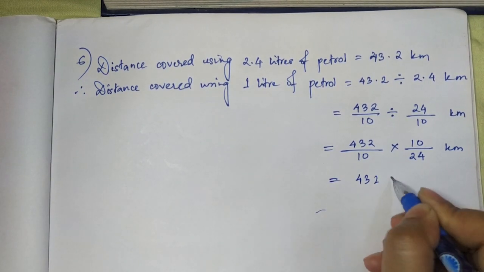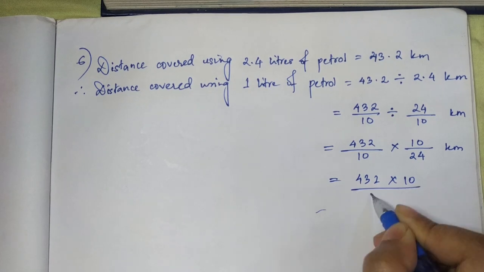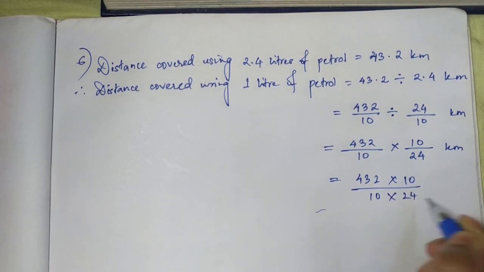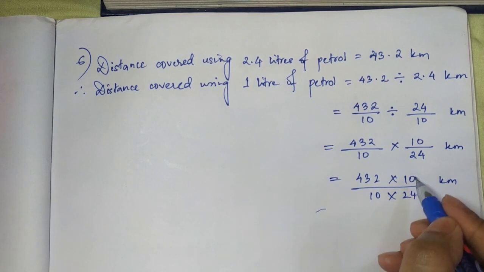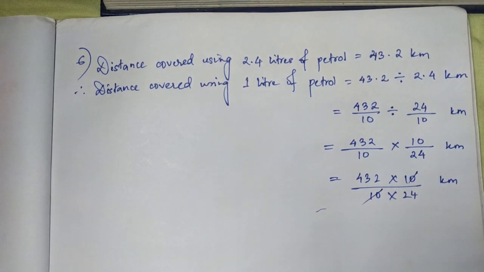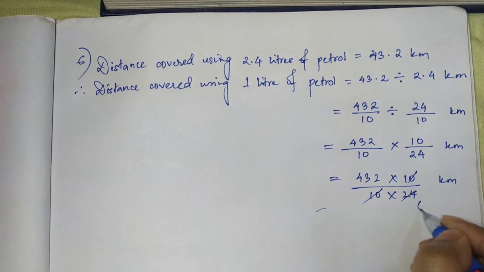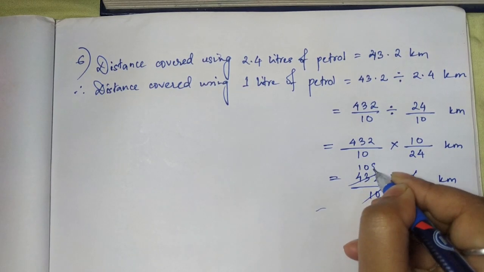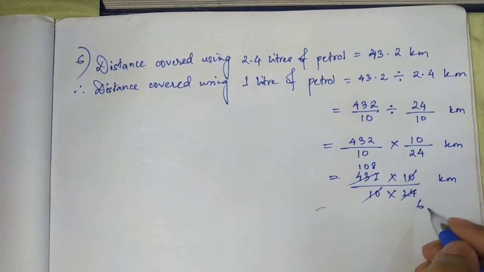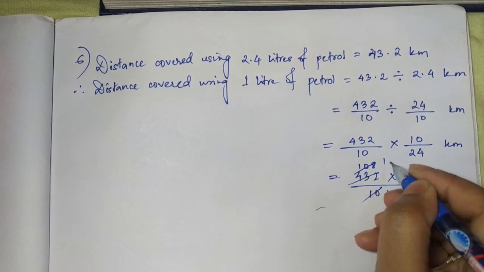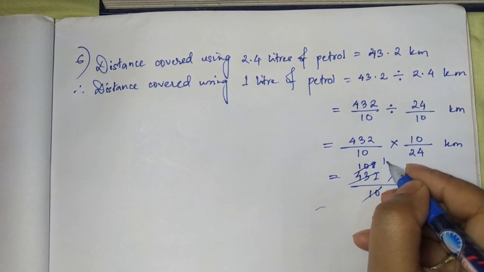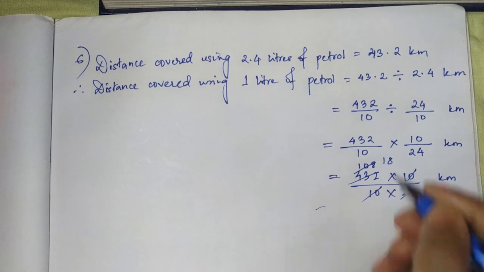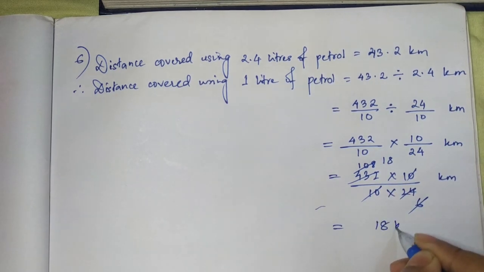Like I used to show you the lengthier method so that you don't get any confusion. You can cancel it here also. It's not a mistake here. So here you see 10 and 10, this gets cancelled. Now here 4 6s are 24, 4 1s are 4, 0 8. If you divide, you'll get 108. Again, if you cancel, 6 1s are 6. Okay. Then 6 8s are 48. So the answer is 18 kilometer.